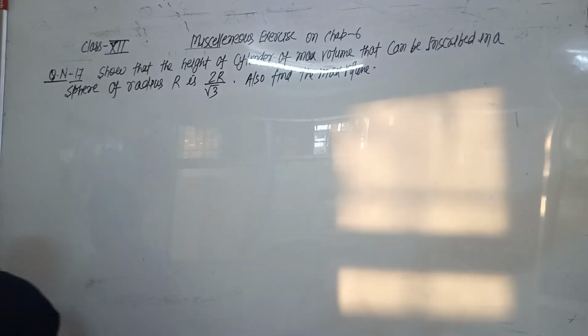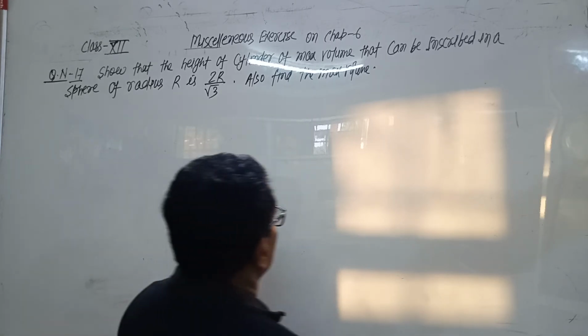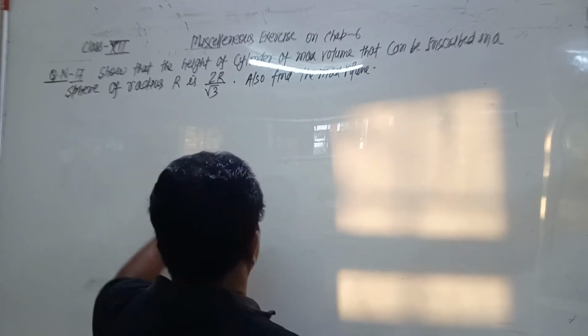So we have to prove that the height of the cylinder of maximum volume is 2r by root 3. First we have to prove that the volume is maximum and the height is equal to 2r by root 3, where a cylinder is inscribed in a sphere.